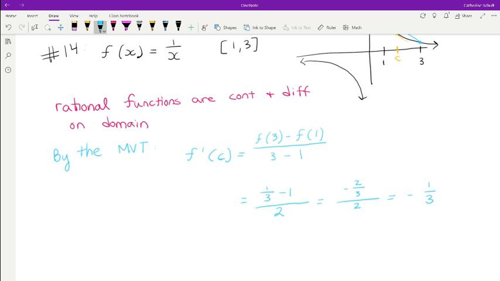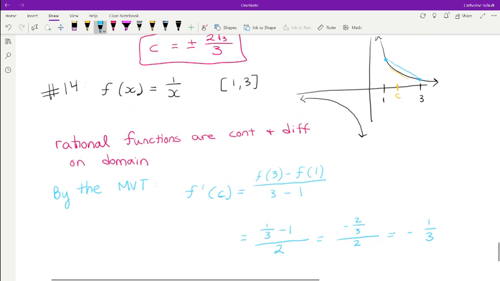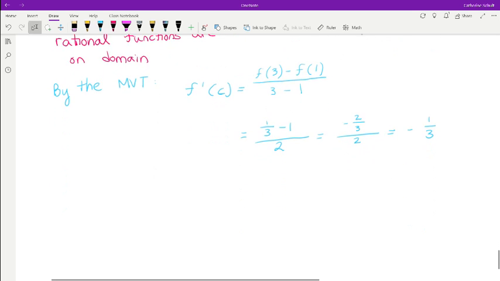We see we have this common factor of 2 in the top and the bottom. So negative 1/3. So we have to find all of the C's where the slope of the tangent is negative 1/3, which is exactly what the derivative is.